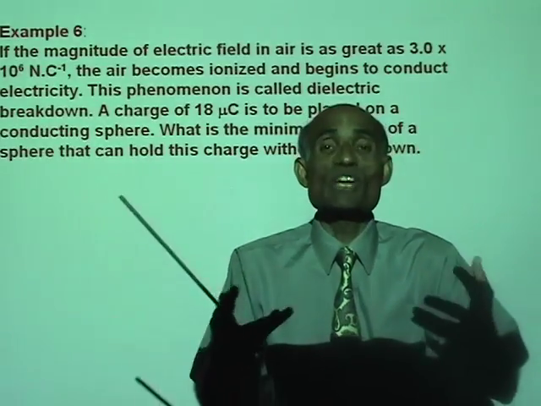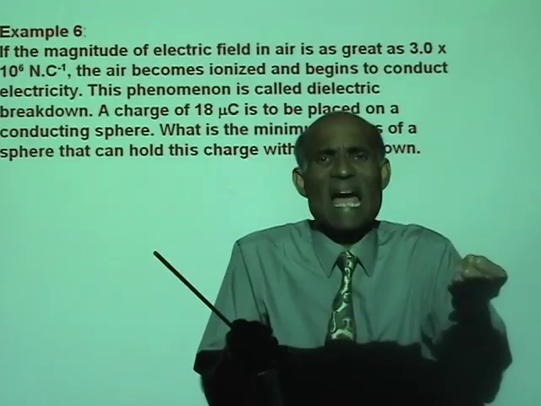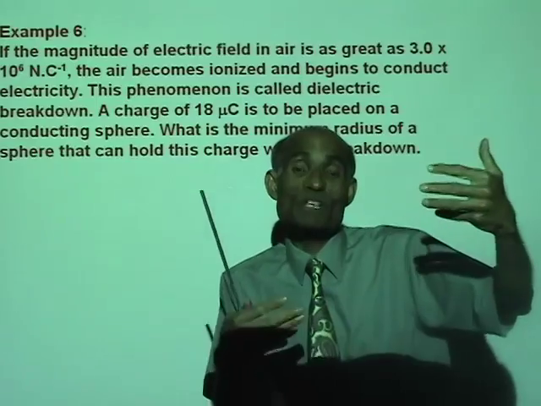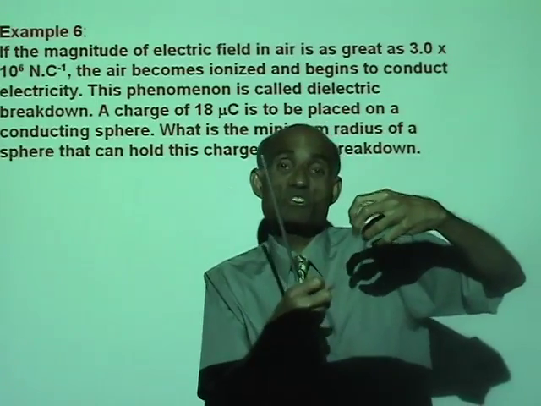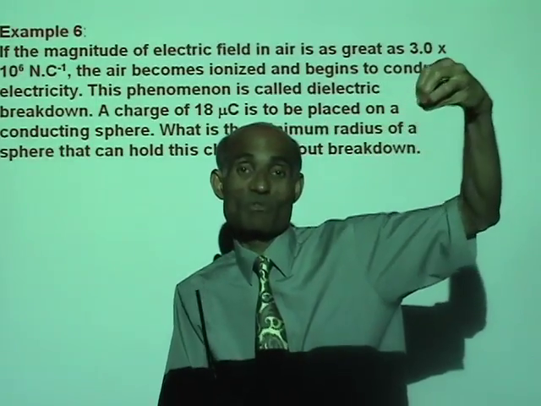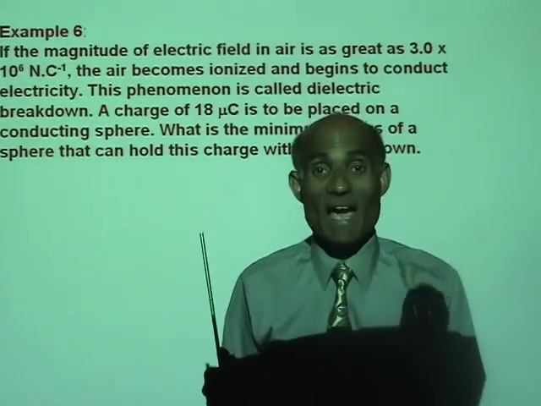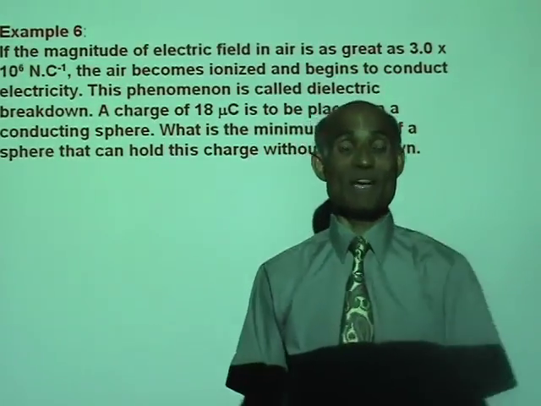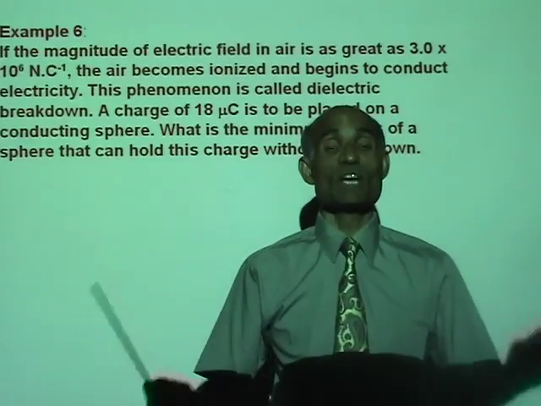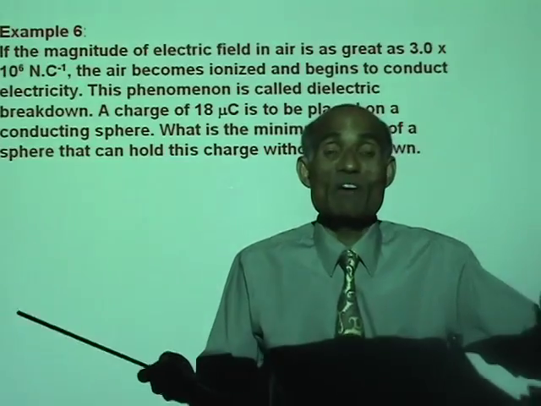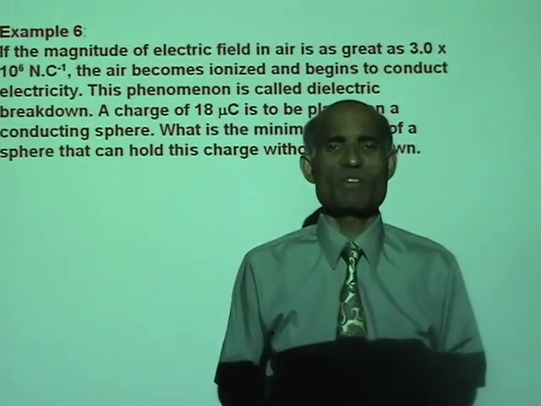An ion is a ripped apart atom, so that positive and negative charges occur separately. And when these charges move in opposite directions, you have an electric current. So air, which is normally a very good insulator, can be made conducting by a very large electric field.